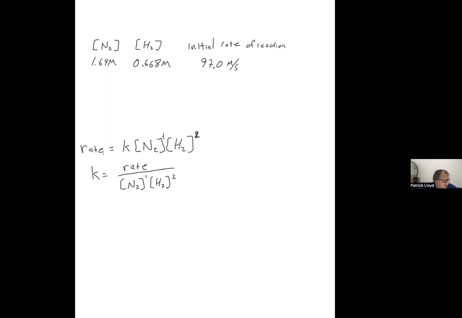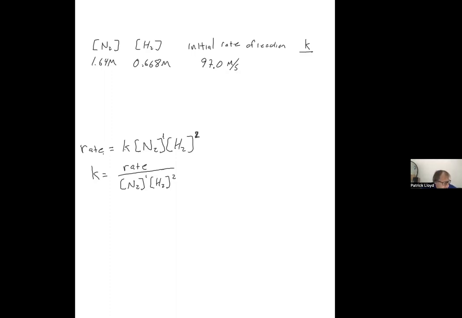I divided both sides by N2, so you have rate over N2. And then I divide both sides by H2 squared, so you would have rate over N2 H2 squared. And that leaves K all by itself. So in the first step, I'm going to write out what K is. I'll put the number over there once we get it.